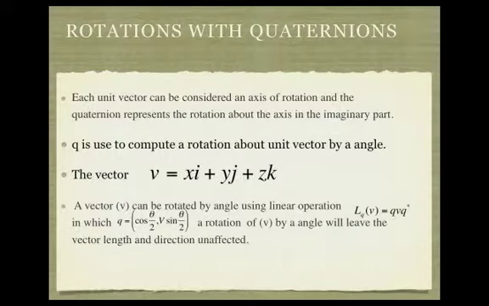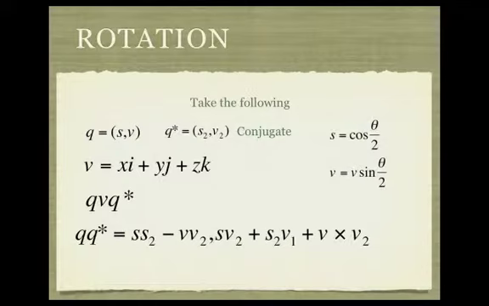So for example, V equals xi plus is a vector, and this vector can be rotated by the angle using a linear operation, in which Q is cosine theta over 2, which is the angle, and V the vector times sine theta over 2. And if you multiply those 2 times the conjugate, the direction and the length of the vector will not be affected, but you have the rotation that you need.